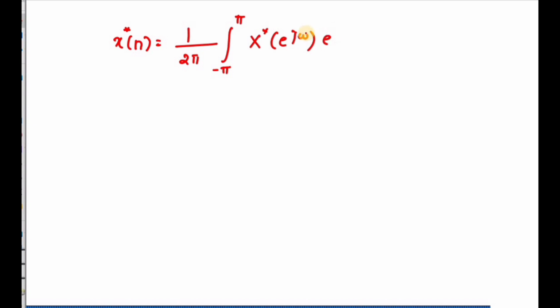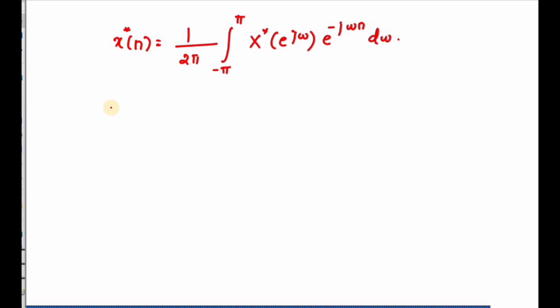So the complex conjugate of x of n is equal to 1 divided by 2 pi times the integral from minus pi to pi of the complex conjugate of X of e power j omega, and the exponent, which was plus, now becomes minus, so e power minus j omega n d omega.